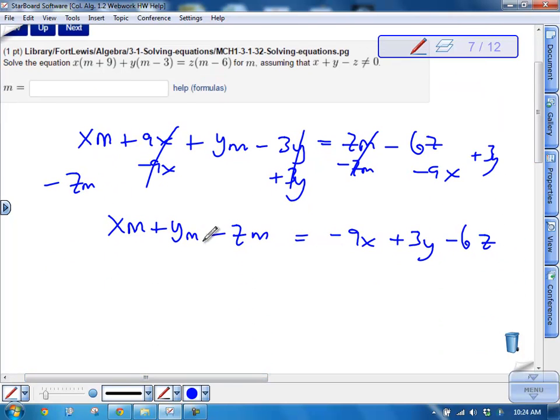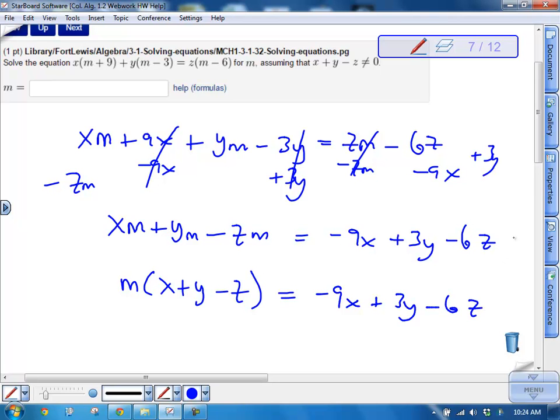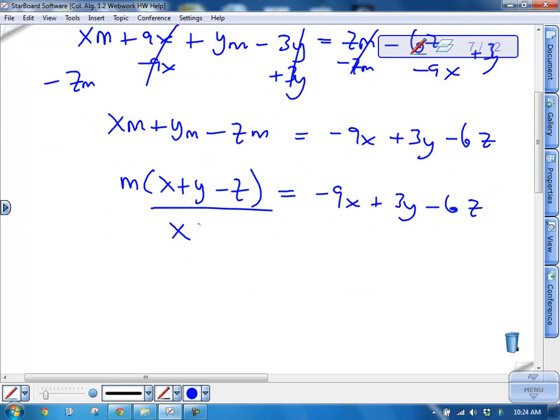And I just put it in x, y, z order. Now I can factor out an m, and I'll be left with x plus y minus z. So what I've done is essentially pulled m out, so now we just have one m, which is exactly what we need if we're going to solve this. Okay, and then I'm going to divide both sides by this quantity x plus y minus z.